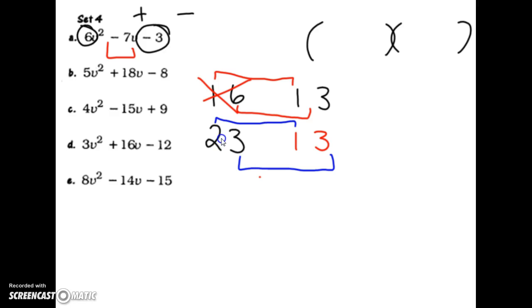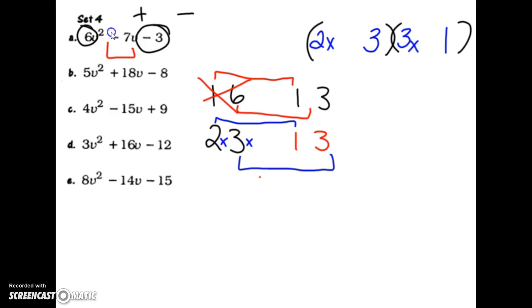So these right here are your x's. Let's put those in: 2x and 3x. And then what's the 3 linked with? The 3 is linked with the 3. So since that's here, the 3 has to be in the other one to multiply. So 3 times 3, good. And then the 2 linked with the 1, so that goes over here.